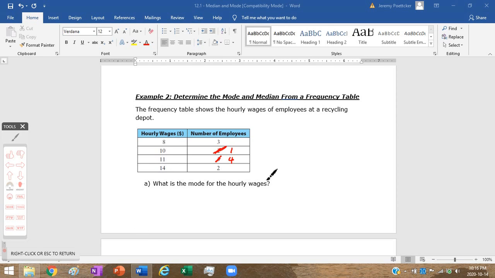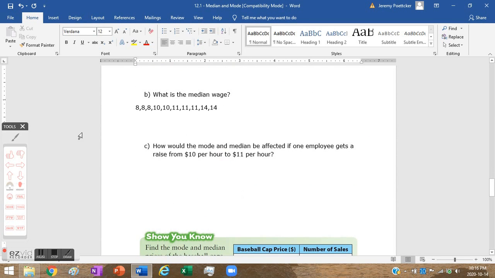Additionally, if we start looking here, I think we can pretty easily see that our median is also going to be 11. Because when we write them out, and I will write them out again. Okay, so this is what we had before, right? Here's my list of wages.